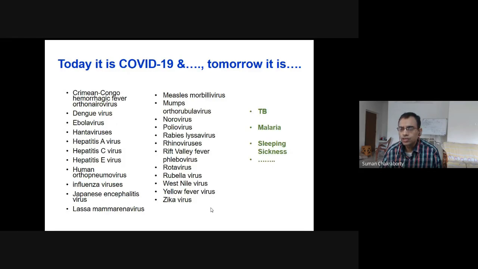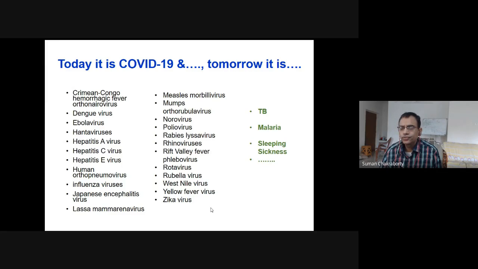It includes a large number of viruses, bacterial infections, parasitic infections, and vector-borne diseases like typical mosquito-borne diseases, and I have just mentioned an indicative list.